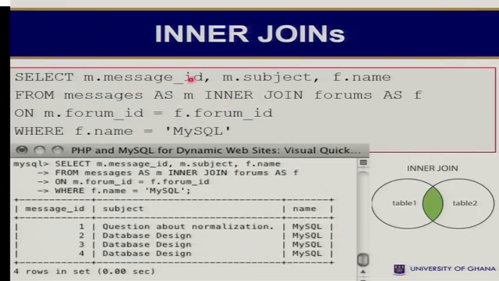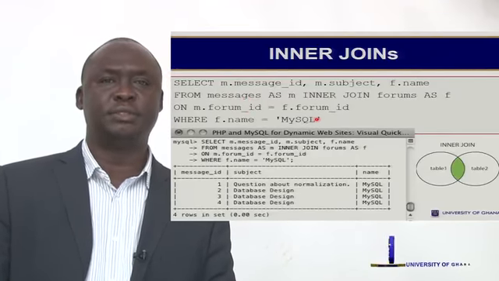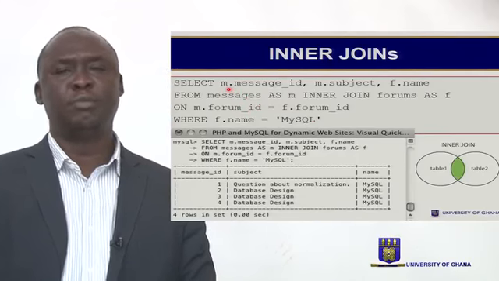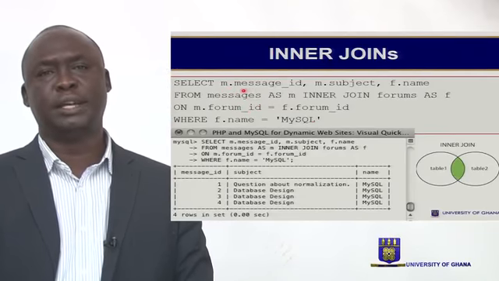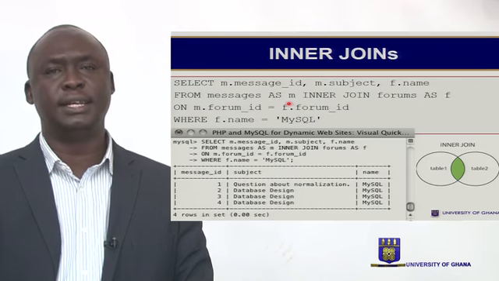So select message ID, subject, first name, from messages as M, inner join, so that's the keyword inner join, forum as F, and then we specify the join clause on the fields you are trying to use to join, and then your where clause. So you can see this is an extensive statement, but in our previous slide, we discussed how to use aliases.